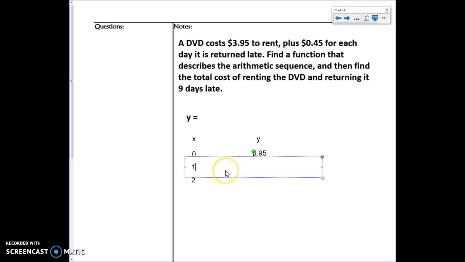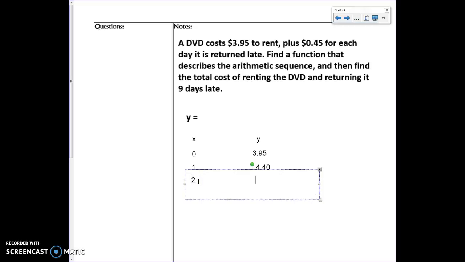it's going to be $3.95 plus 45 cents, which would give you an answer of $4.40. Now, day 2, same thing. It's going to be another $4.40 plus 45 cents, which would be $4.85.